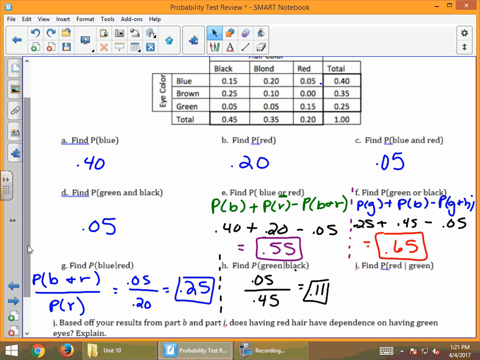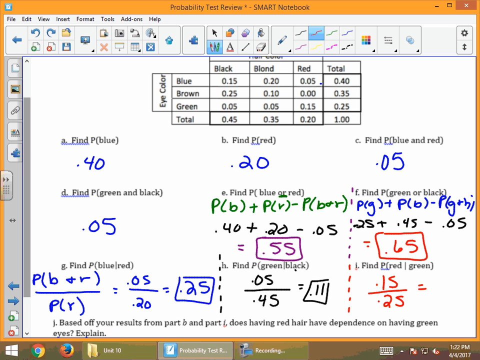And then for I, probability of red hair given you have green eyes. So probability of both. What's the probability of red hair and green eyes? Here's red, here's green. Where do they intersect? 0.15. Probability of just green eyes. Green's on the total, 0.25. Both over the second. What do we get? Questions over there?